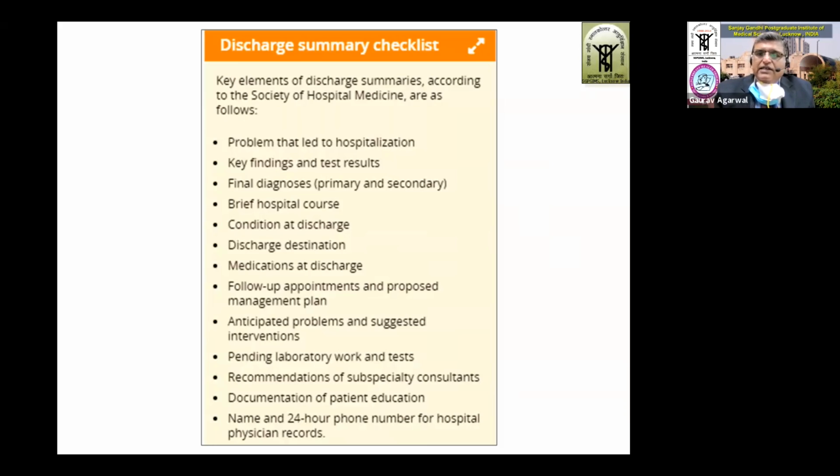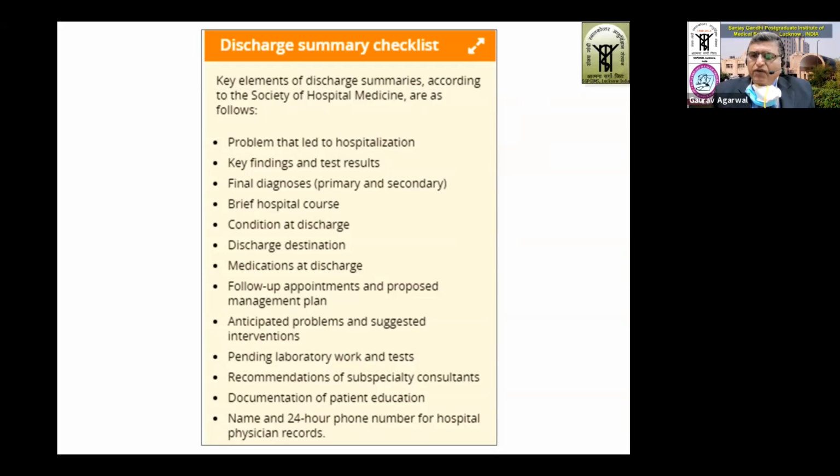Of course, it doesn't list the demographic details, but all these components must be there. Problem that led to the hospitalization, key findings and test results, final diagnosis, the primary, the secondary diagnosis, and the underlying illnesses, if any, comorbidities, brief hospital course, condition at discharge, the discharge destination.